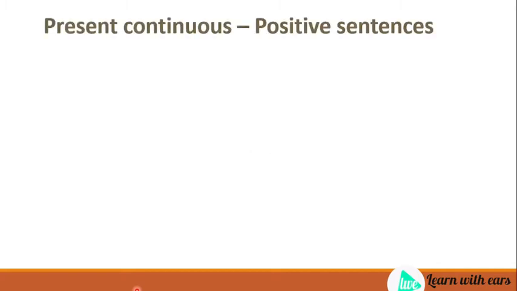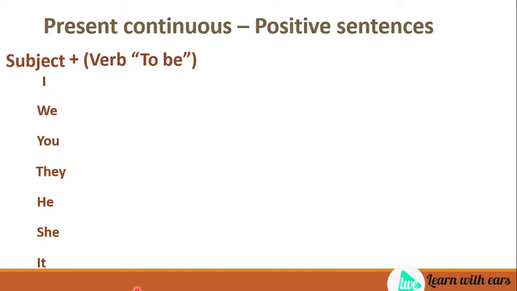Now let's see how to make positive sentences in present continuous tense. For making positive sentences, we need subjects. Okay? These are I, we, you, they, he, she, and it. Then we need verb to be. Am, are, and is. Okay?